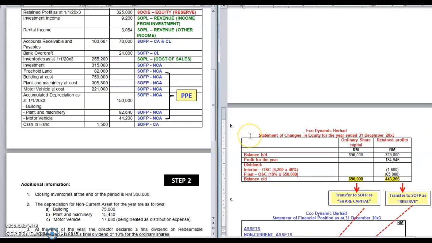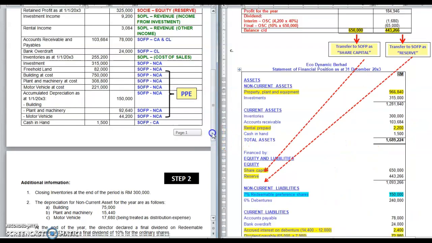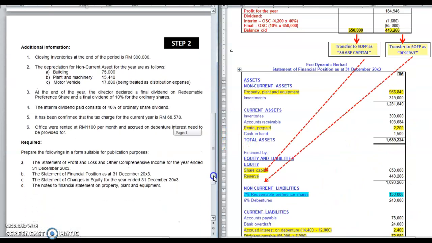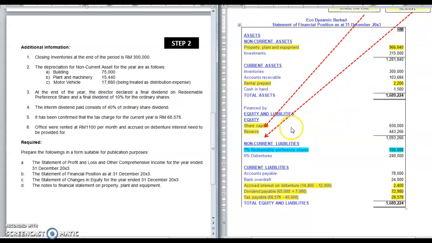Okay, next. After we have finished reporting the asset side, next is to report on the equity and liability. So after the assets portion, we will now present these two items. We will start by presenting the equity portion, and then followed by the liability portion.